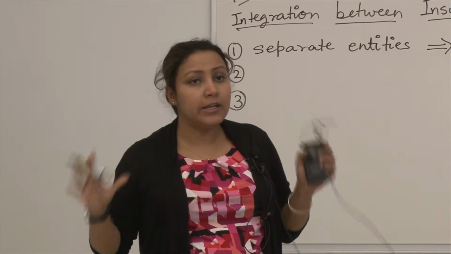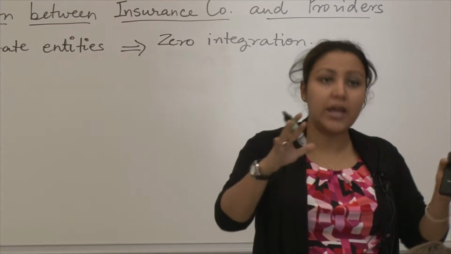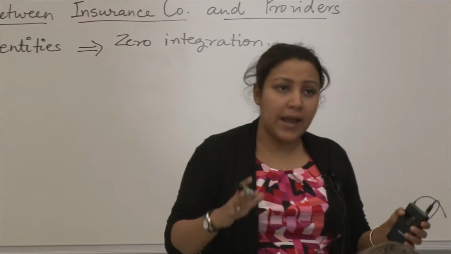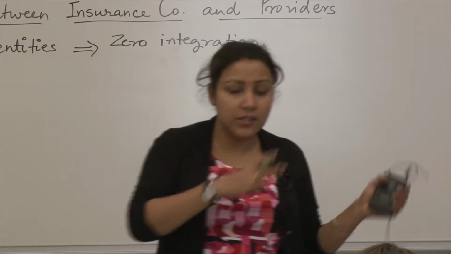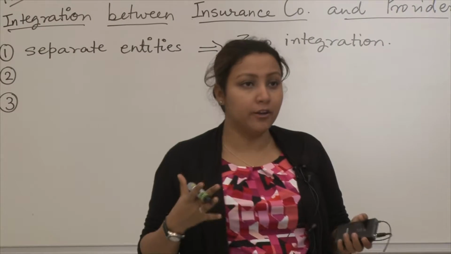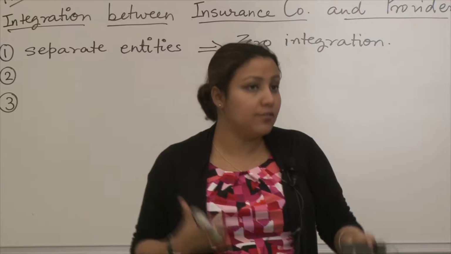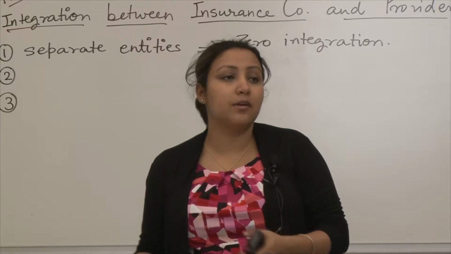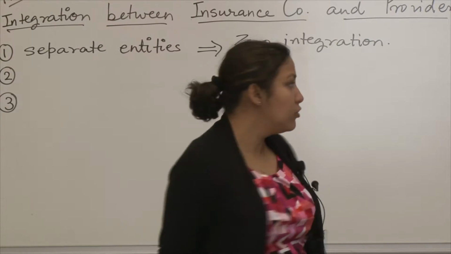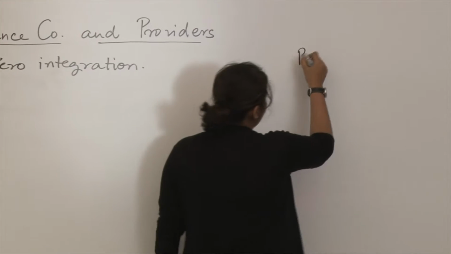The only linkage between them is that the patient is paying a premium to the health insurance company, and in turn the patient is receiving some care from the healthcare provider, and in return for the care, the healthcare provider receives some payment from the health insurance company. So, the only thing that is happening here is a channel.